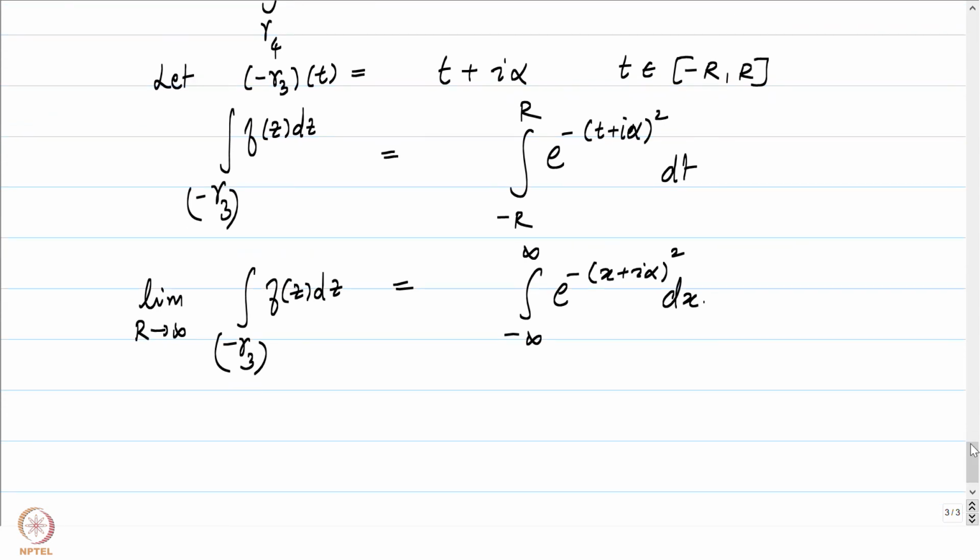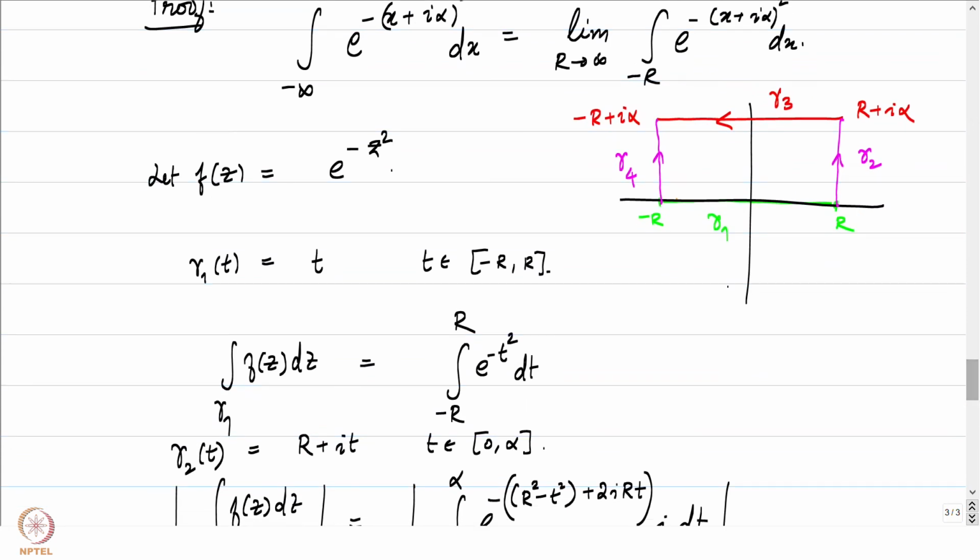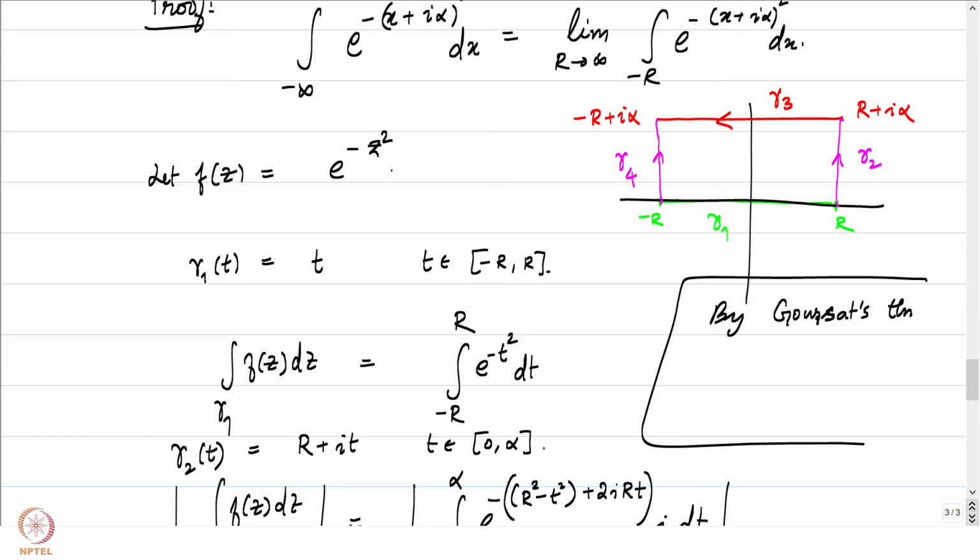Okay, now let's go up and apply Cauchy's theorem or Cauchy-Goursat to this particular setup. By Cauchy-Goursat's theorem, we have integral of f over gamma 1 plus integral of f over gamma 2 plus integral of f over gamma 3 plus integral of f over gamma 4 is equal to 0.